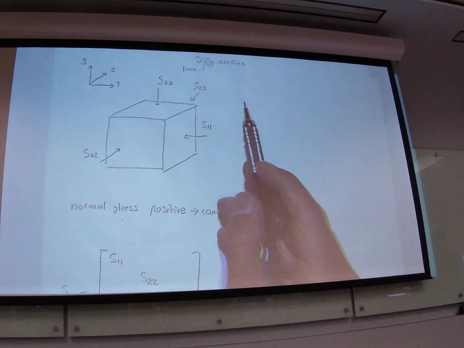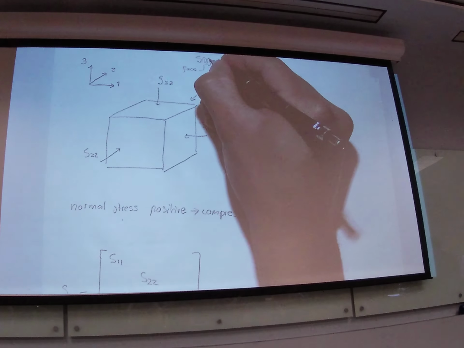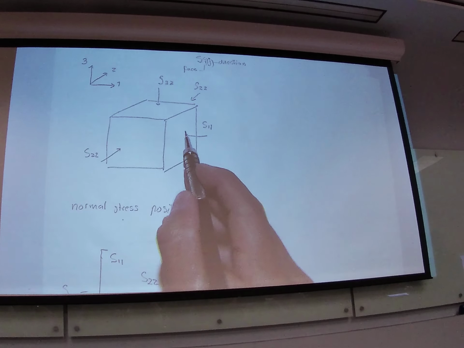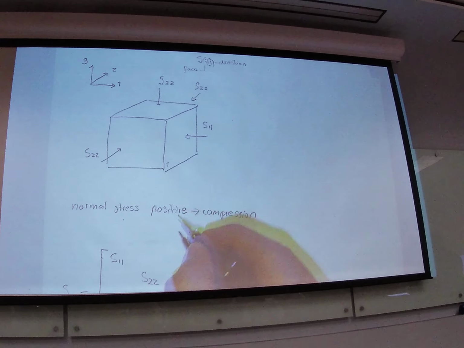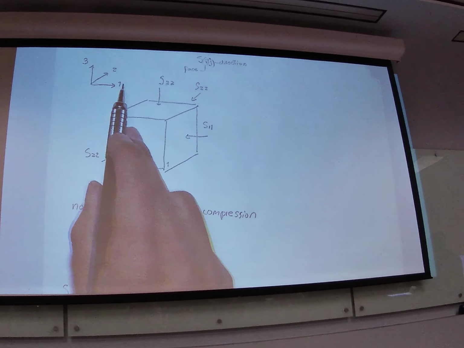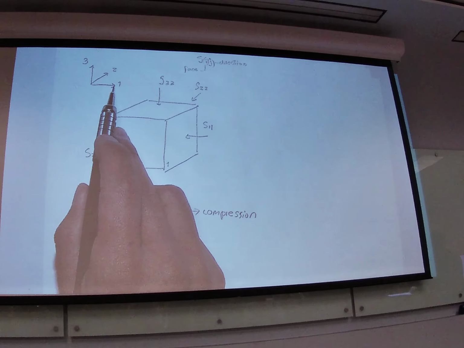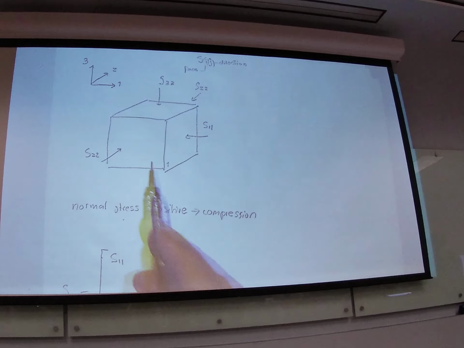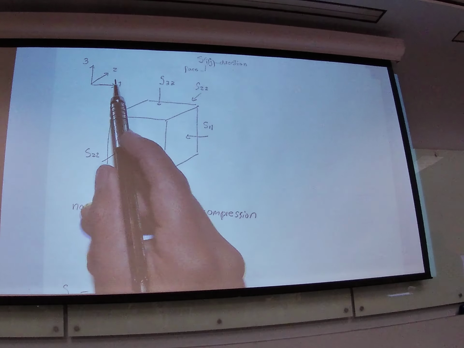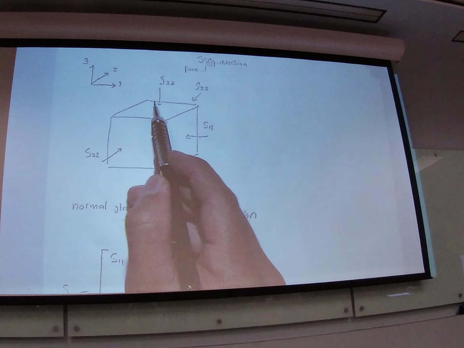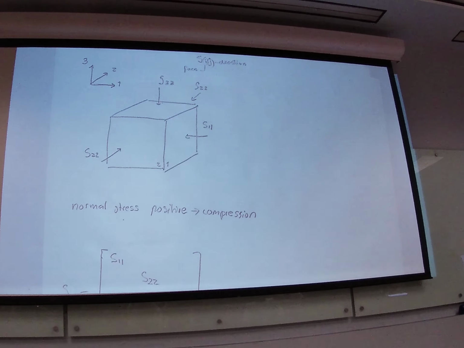So let's apply this concept over here too. So this one is face 1. Let me put this 1 over here because it's perpendicular to the vector 1. This one is face 2 because it is perpendicular to direction 2. And the same with 3.